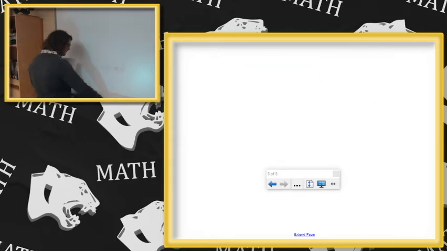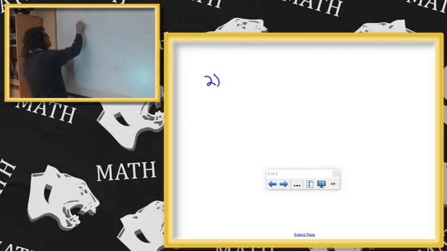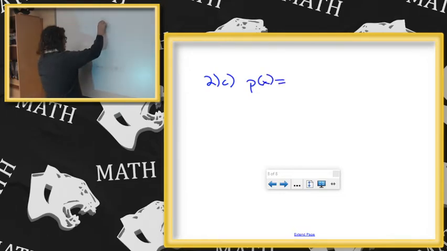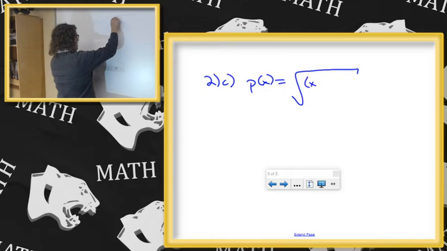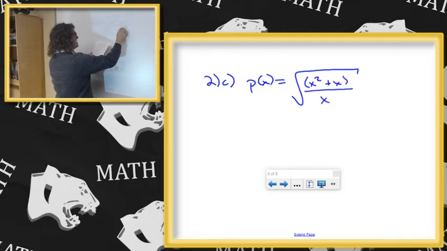All right, lastly, we are going to look at 2c, which is set up as p of x is equal to the square root of x squared plus x over x squared.